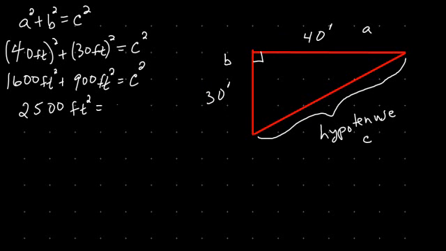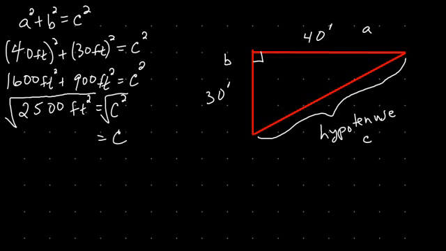2500 square feet equals C squared. Now I need to get C by itself, and anytime you have something squared, we should know at this point that to get it by itself, we take the square root of both sides. That's the golden rule of mathematics: you can do anything you want as long as you do it to both sides. So if I have C squared, its square root is C, and I take the square root of 2500.